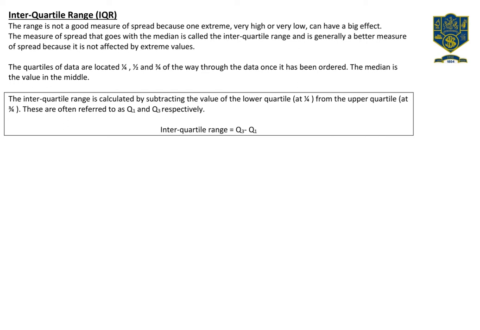Now the median is halfway through the distribution, and quartiles, hopefully no surprise, are going to be 1/4 and 3/4 of the way through the distribution. So the interquartile range is going to be the difference in those.